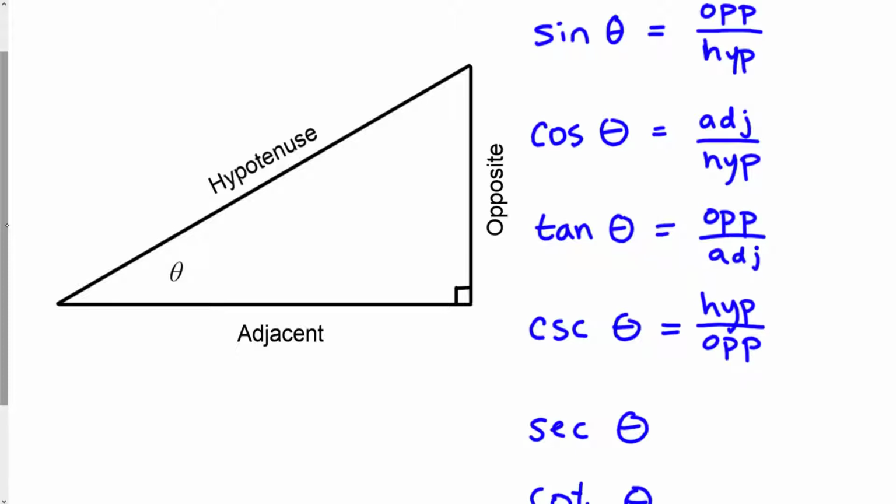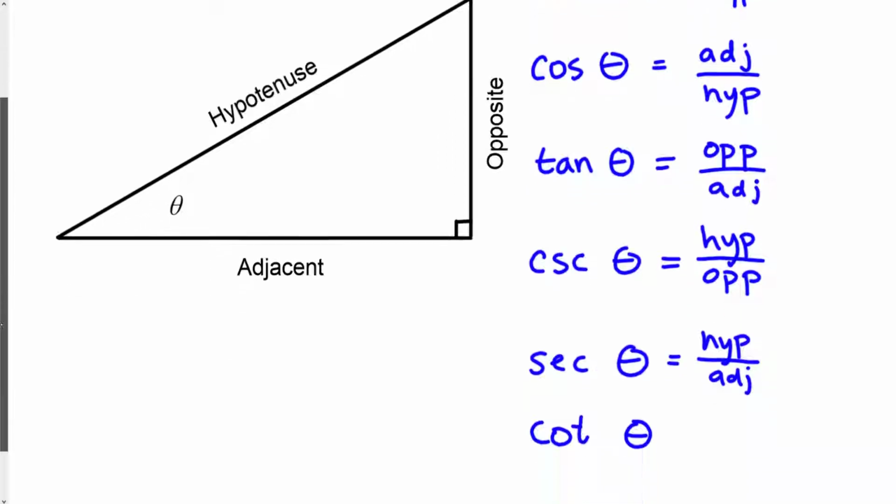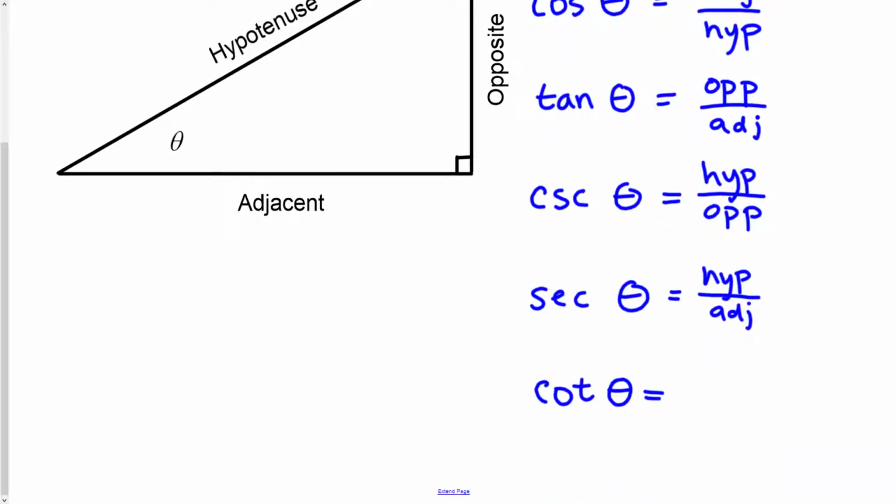That's your cosecant function. It's essentially the inverse of your sine. Same thing for secant. It's related to cosine. It's just the hypotenuse in the numerator and the adjacent side in the denominator. And then cotangent is similar. It is the adjacent side divided by the opposite side.